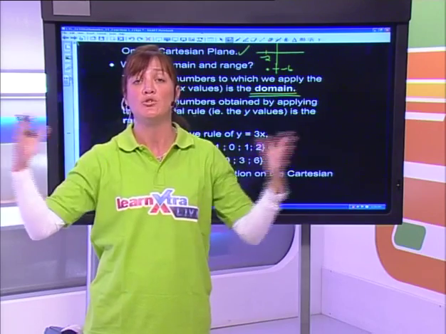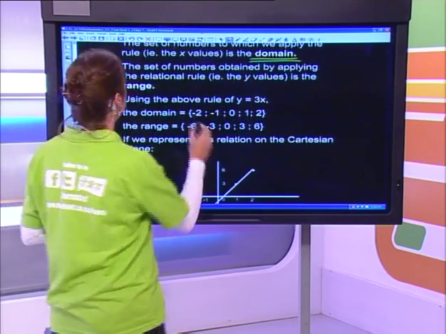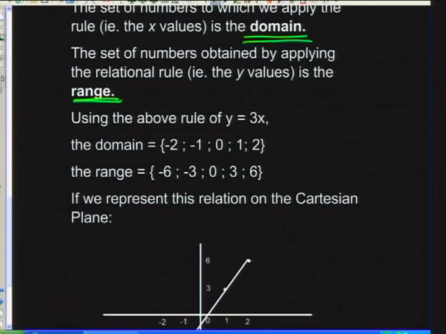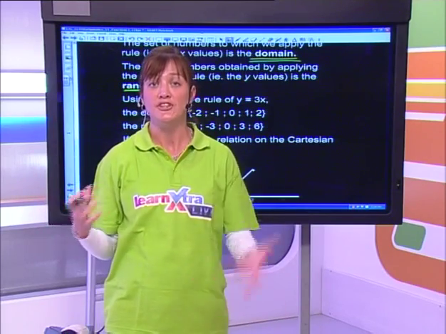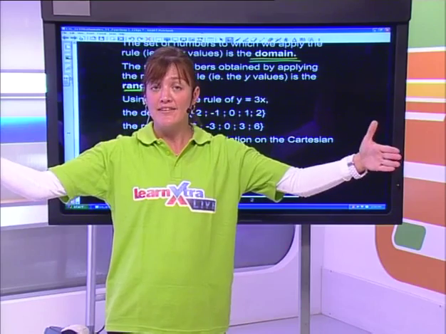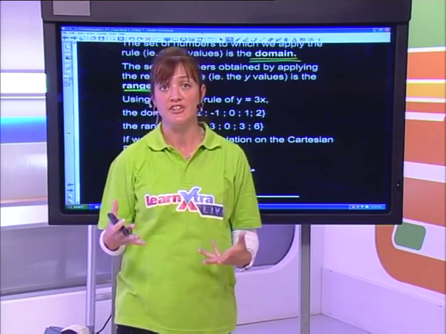The range is everything on your y-axis, from your lowest y value up to your highest y value. So the domain is the x values your function covers, and the range is the y values your function covers.